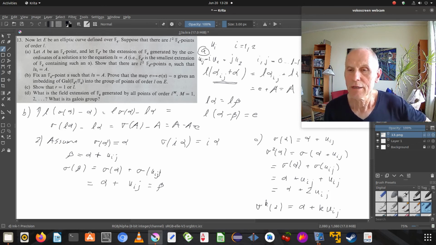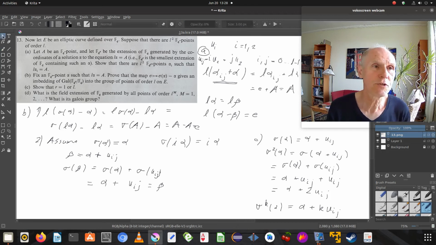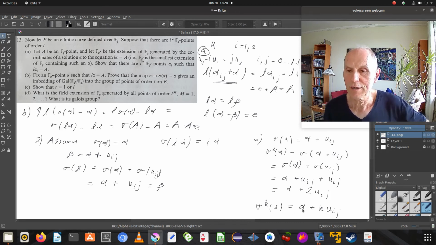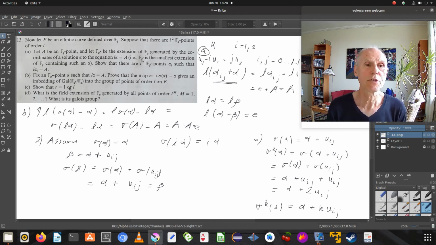And if k gets sufficiently large, like L, then this is the unit element. So to prove C, let sigma be an element of maximal order. Then this holds, and that means that sigma to the Lth is the identity map, meaning that sigma has order L. So that proves that it has order L or unity.